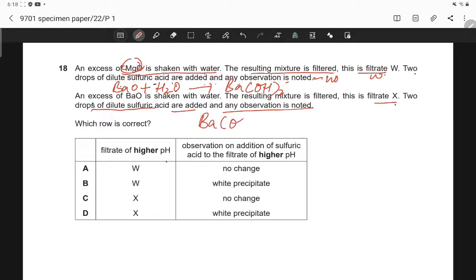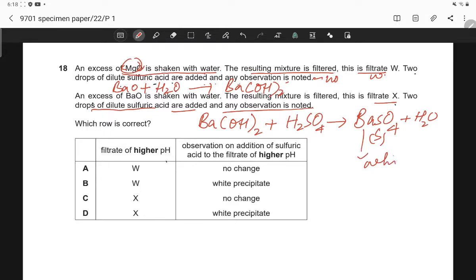Barium hydroxide, when 2 drops of sulfuric acid are added, forms insoluble barium sulfate and water. So this is a solid white precipitate.